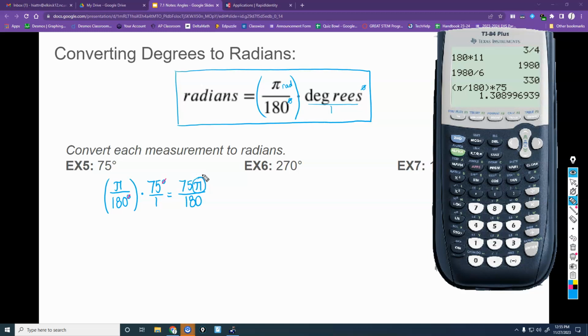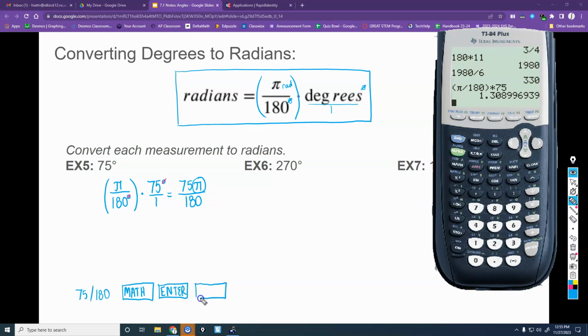So you can do it by hand if you would like, but on the calculator, if you want to reduce a fraction, you're going to type in 75 divided by 180. What do we hit? Do you guys remember? On the calculator, it is math. Enter, enter. You might want to write that down. And I'll show you how to do it on Desmos too.